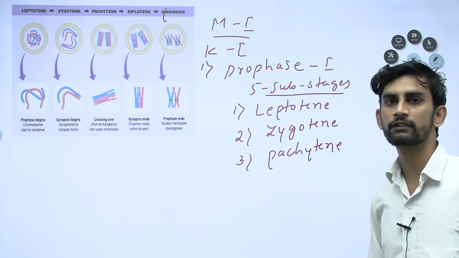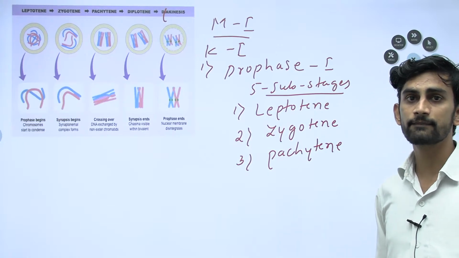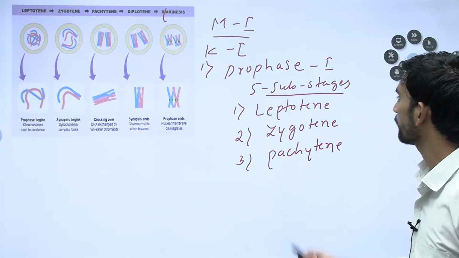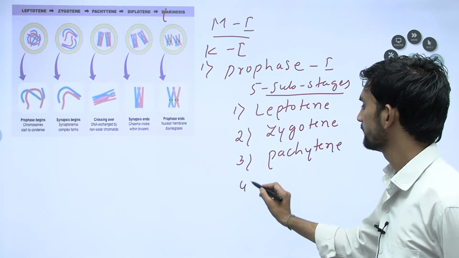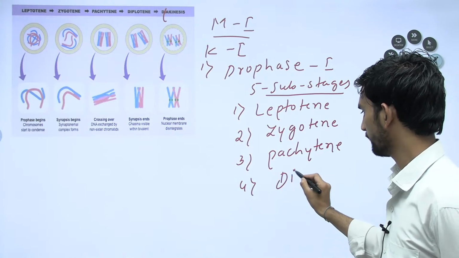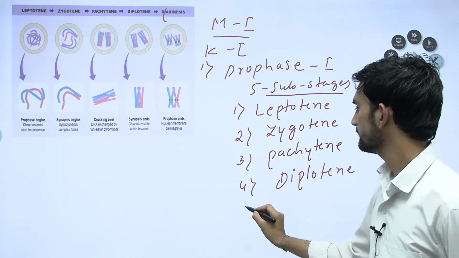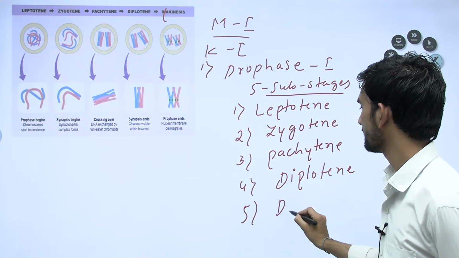Or for 5 marks: explain the different sub-stages involved in prophase 1 of meiotic cell division. That is leptotene, zygotene, pachytene. Fourth one, diplotene, and fifth one, diakinesis.